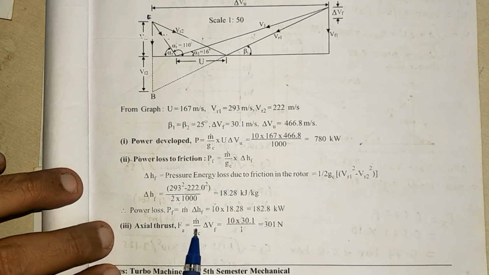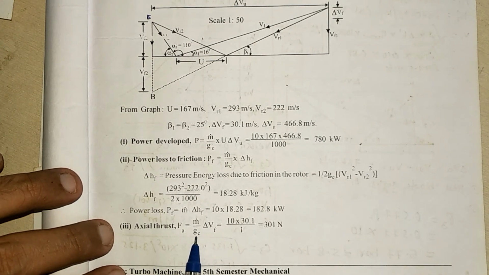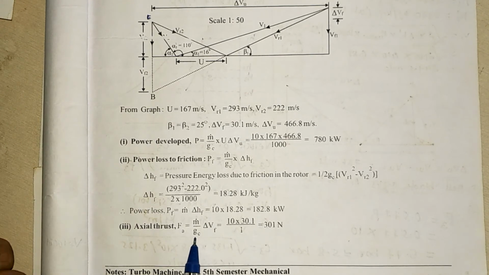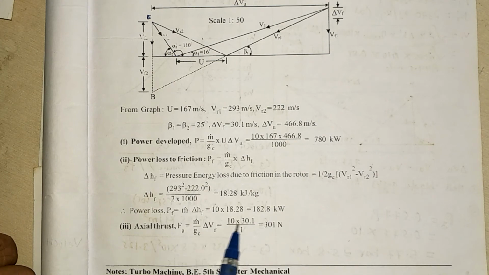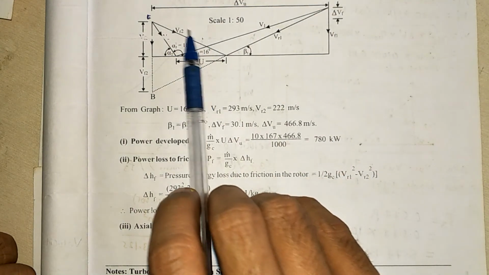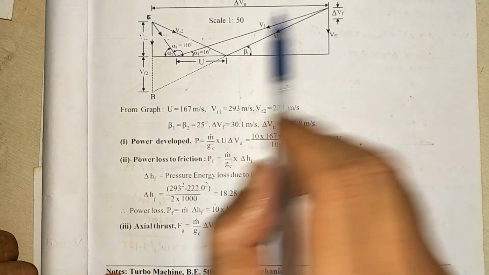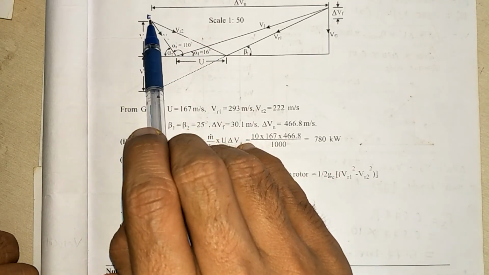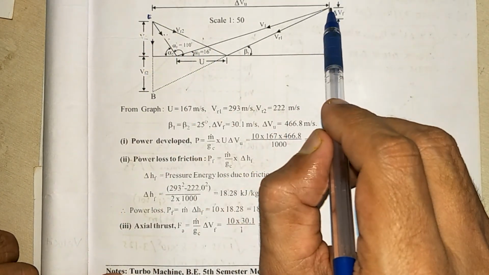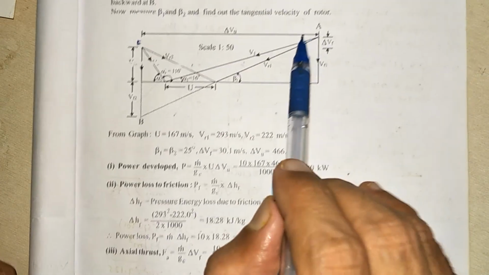So FA is equal to, again, m into delta VF. GC value is always 1 here, keep it in mind. GC, that is the gravitational constant value, it is 1. So m dot into delta VF. So 10 into delta VF, which, as you can see, is the vertical distance between point E and A. This is point A here.